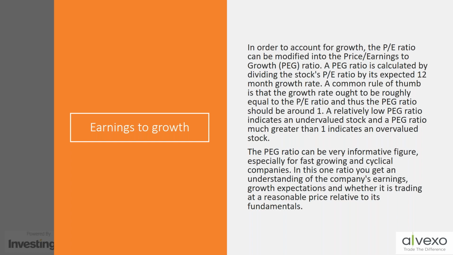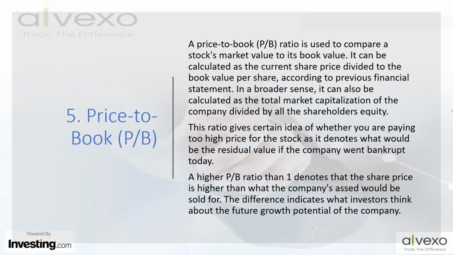In order to account for growth, the PE ratio can be modified into the price per earnings to growth, or the PEG ratio. A PEG ratio is calculated by dividing the stock's PE ratio by its expected 12-month growth rate.